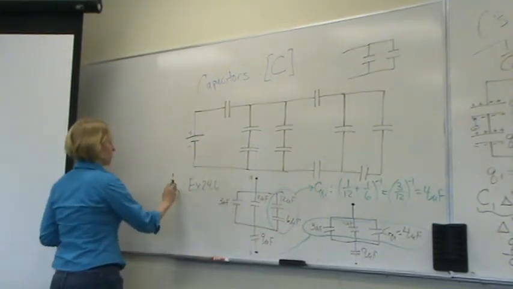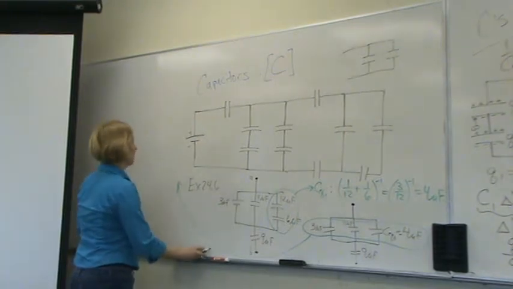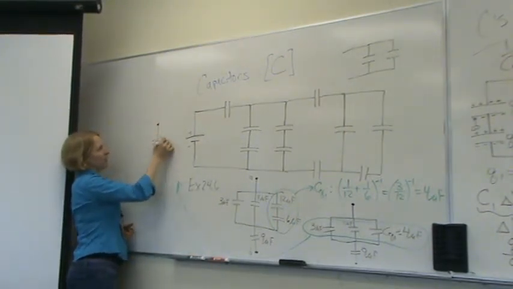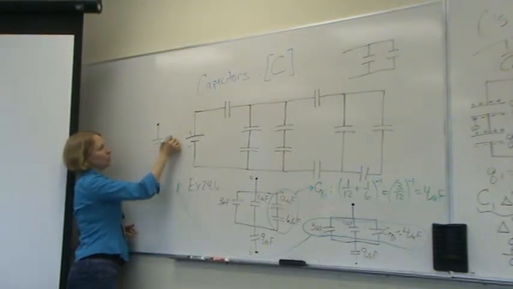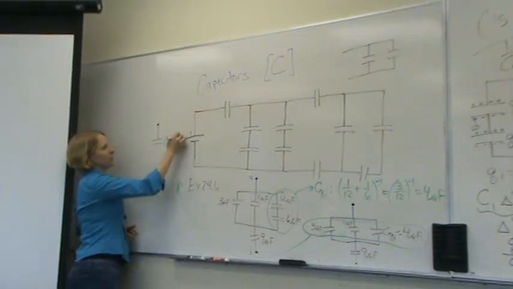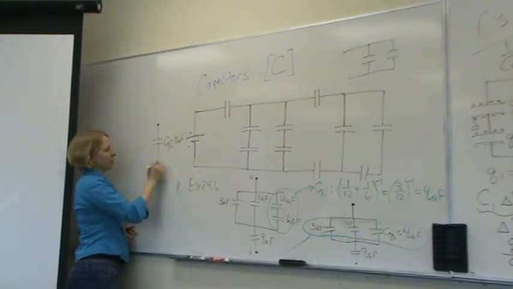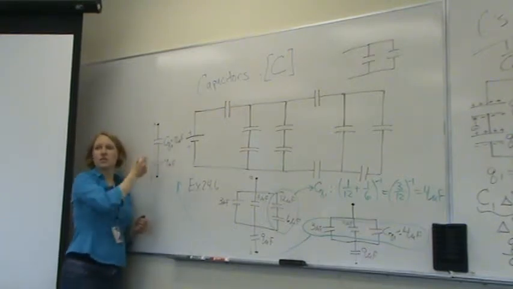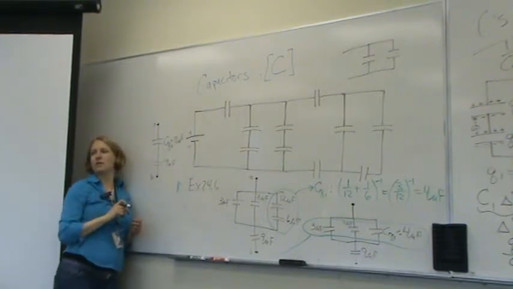I know I'm running out of room up here. I don't want to erase the other board just yet because we're using it. So now I'll call this CEQ2, which we said is 18 microfarads. And we still have our 9 microfarad capacitor left. So these 2, series or parallel? Series.